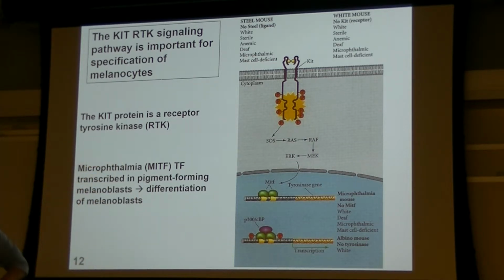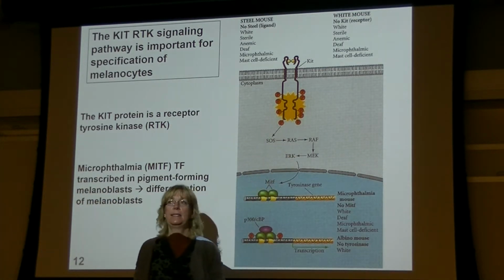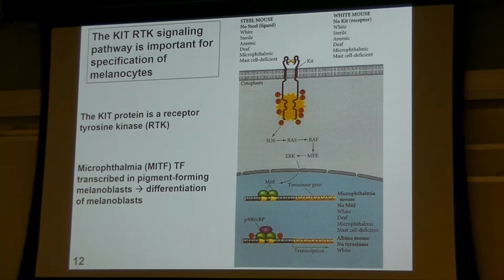And in this picture, you see those two little yellow balls. Those are two Steel paracrine factors bound together in a dimer. And they're going to interact with the KIT receptor. As a result of that interaction, now you see these KIT receptors become phosphorylated, and that activates them.